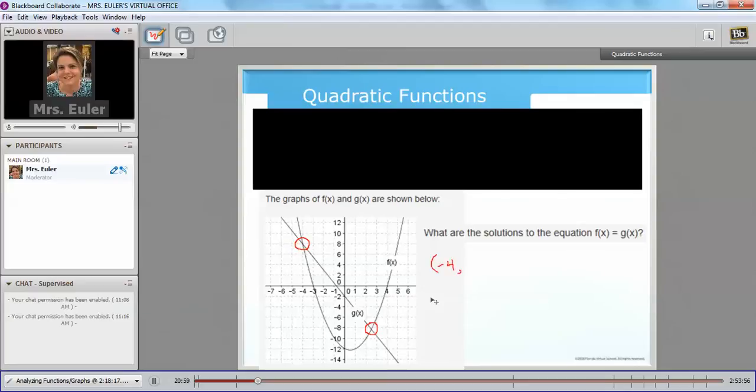That would be one solution. And then for the second one, it looks like it's at 2.5 and maybe negative 8.1, maybe. Okay, again, multiple choice question. You're looking for the one that has the closest answer to that. And that's it. Solutions to where those graphs are equal to each other is where they're intersecting.